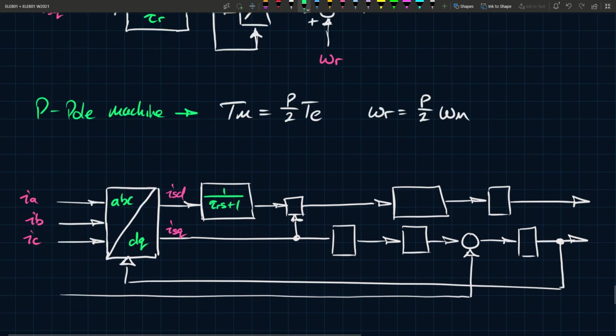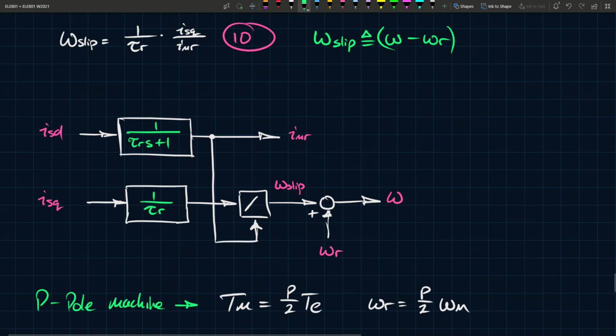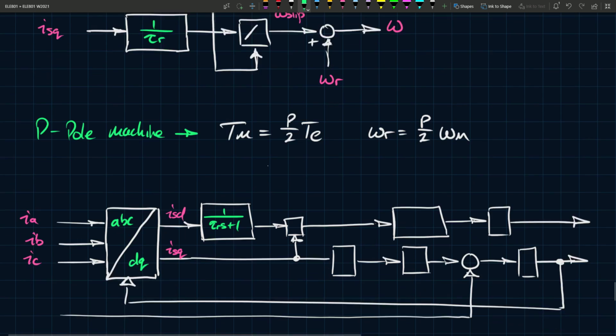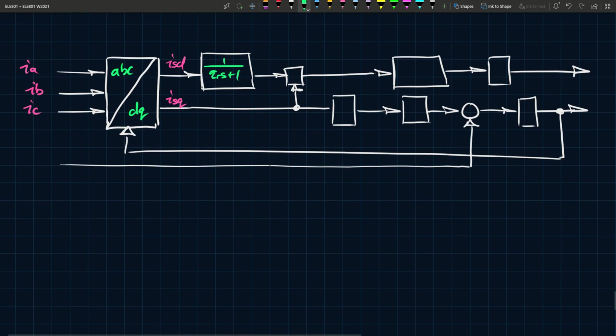So I'm basically combining this with the torque equation to make a general larger model. You multiply that with ISQ, and you multiply that by 3 over 2 Lm over 1 plus sigma r, and the output of that is TE.